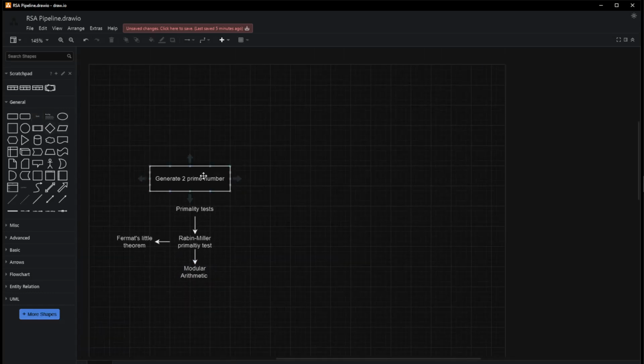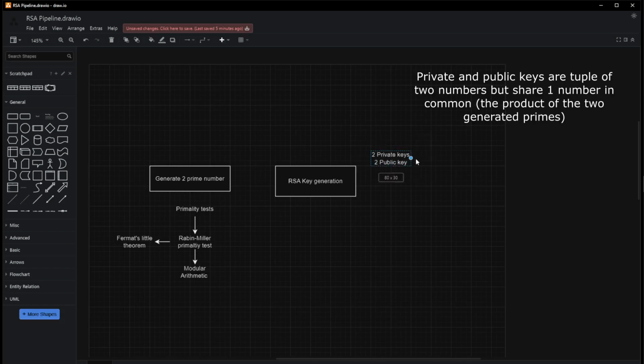So we generate two prime numbers, and we feed this into our algorithm for RSA key generation, and we want our output to be two private keys and two public keys, or two pairs, each with a private and a public key.